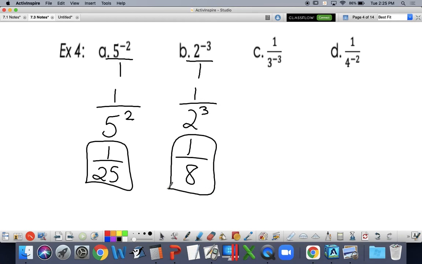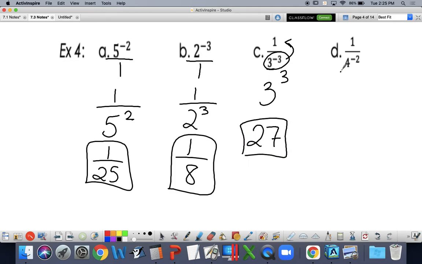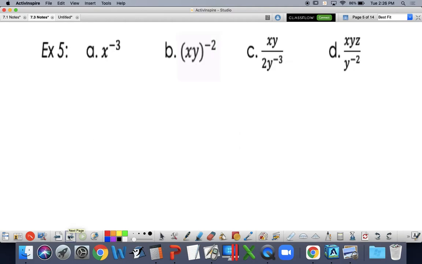Our next one, our negative exponent happens to be in the denominator, so it moves up. 3 cubed, 27. And then our last example moves up to the numerator as well. 4 squared, 16. Please just holler at me if I start going too fast. I know that we've been doing a lot of work with negative exponents already, so I figured we could fly through some of these examples.